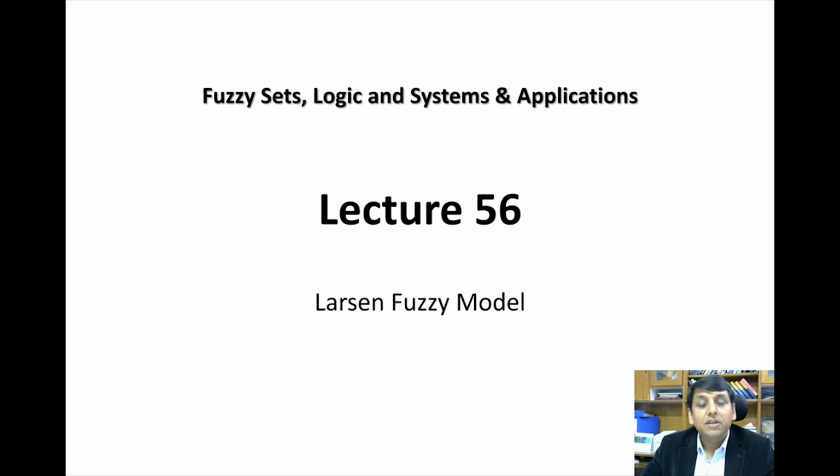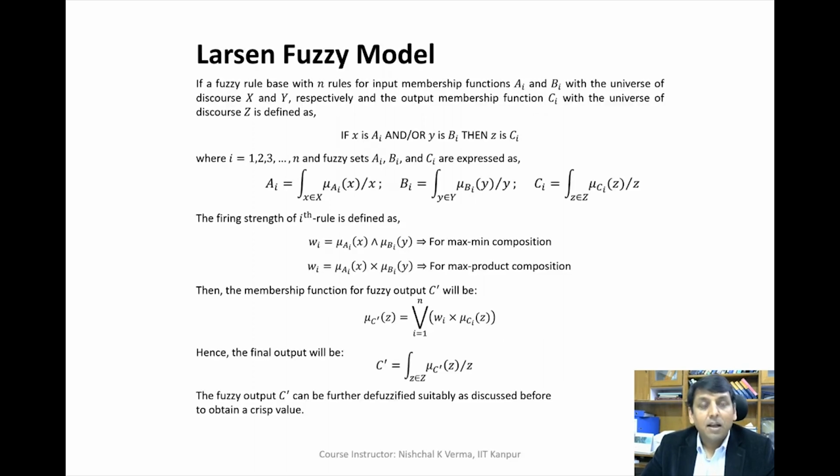Today in this lecture I will discuss the Larsen fuzzy model. We have already covered the Mamdani fuzzy model, and now I will discuss the Larsen fuzzy model. It is very similar to the Mamdani fuzzy model in the sense that the output here is fuzzy.